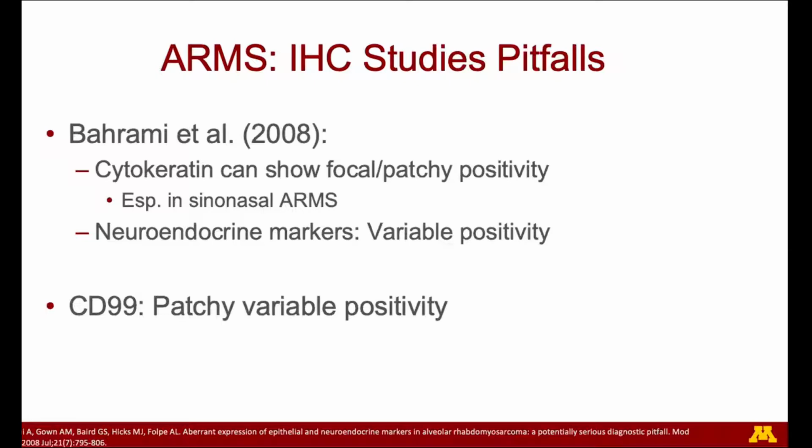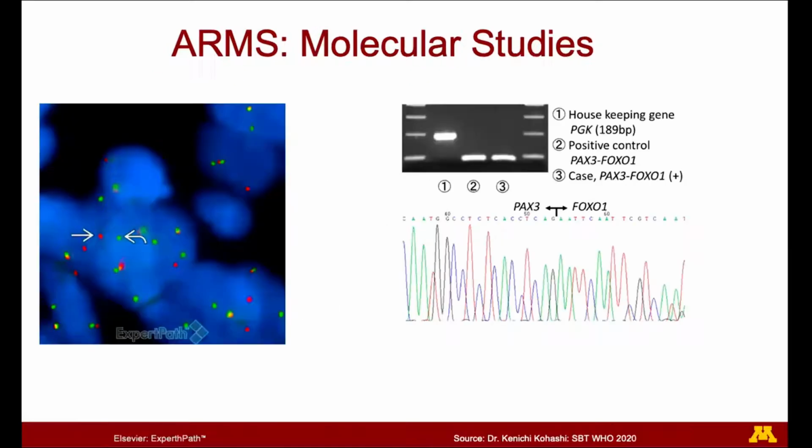They found these markers can show some degrees of positivity in 30 to 40% of alveolar rhabdomyosarcomas, and we should be aware of them as a pitfall in diagnosis. Epithelial marker expression occurs particularly in sinonasal alveolar rhabdomyosarcoma. CD99, which is, we know, basically a non-specific marker, can also show patchy expression in some alveolar rhabdomyosarcomas.